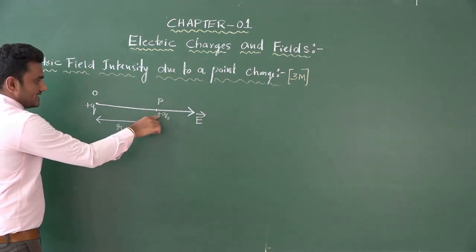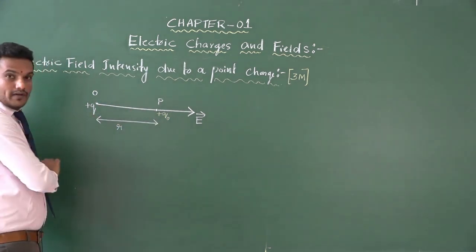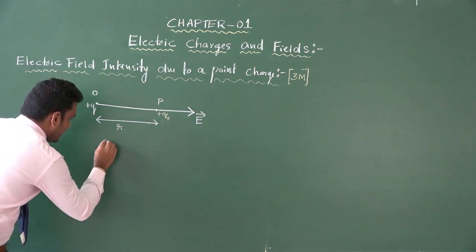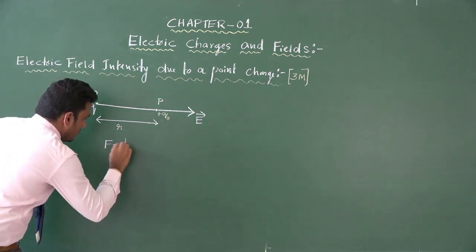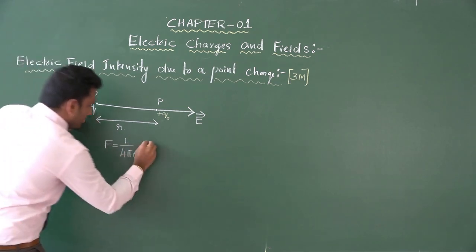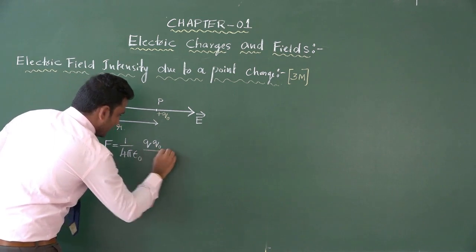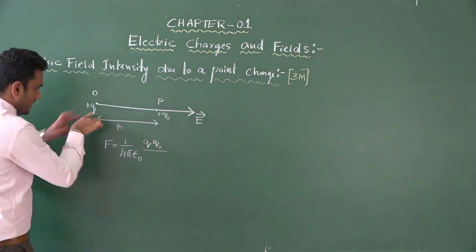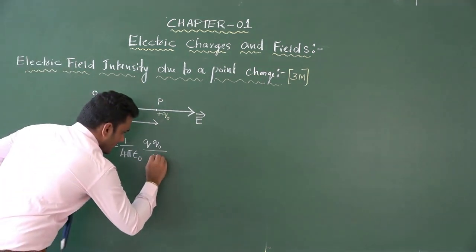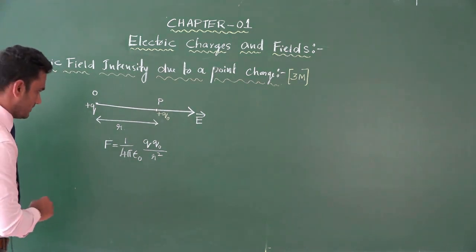Now the force experienced by the unit positive charge due to the point charge, according to Coulomb's law, we can write F is equal to 1 over 4 pi epsilon naught, Q, Q naught, divided by the distance between the point charge Q and the unit positive charge Q naught, which is R. According to Coulomb's law, it is R square of the distance between them.